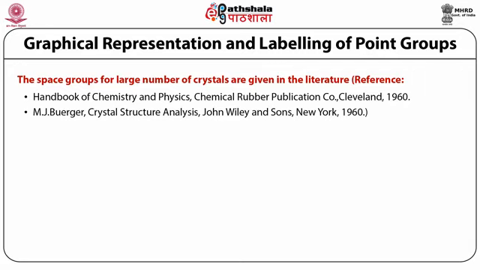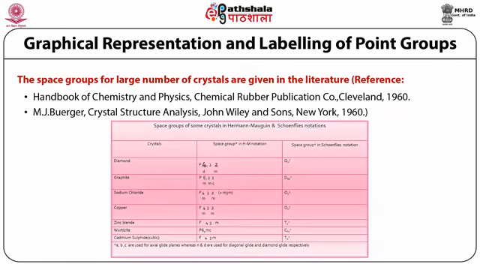Space groups of some crystals are given in Table 4.2. Table 4.2 contains space groups of some crystals in Hermann-Mauguin and Schoenflies notations. It is divided into 3 columns.